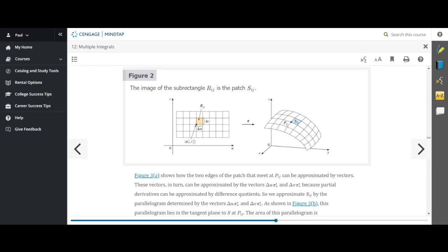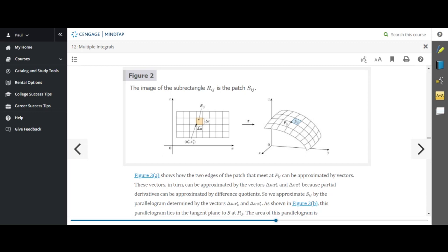Well, we can take the surface and break it up into little patches. So think of the surface as like a quilt with patches on it. If we could find the area of each patch on that quilt and add up those areas, we would get the surface area of the entire quilt, or the entire surface.